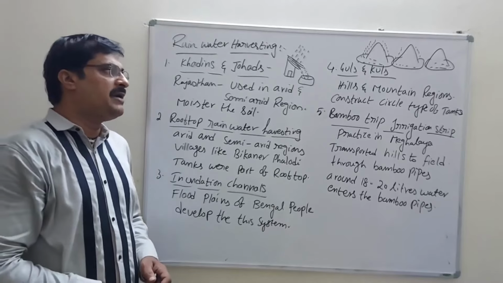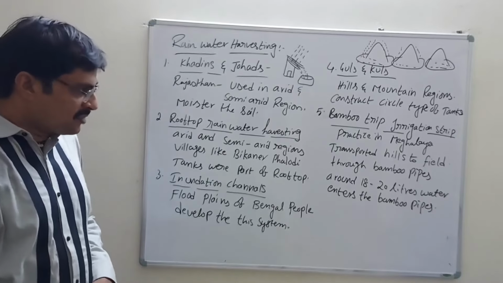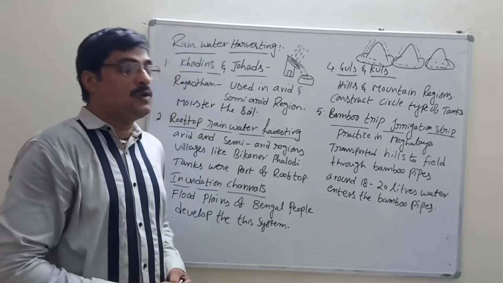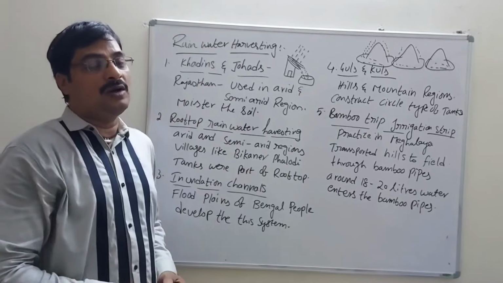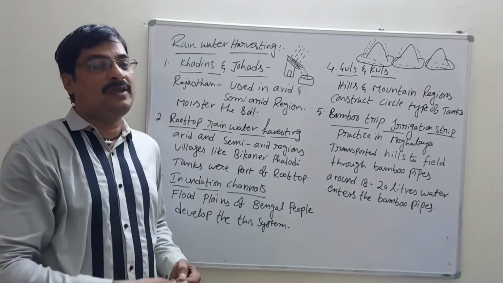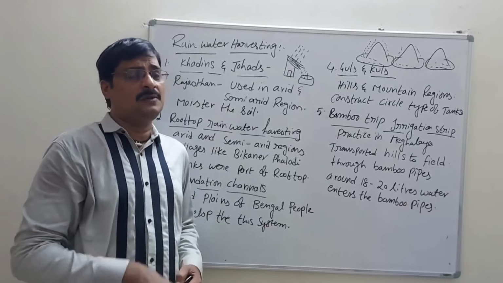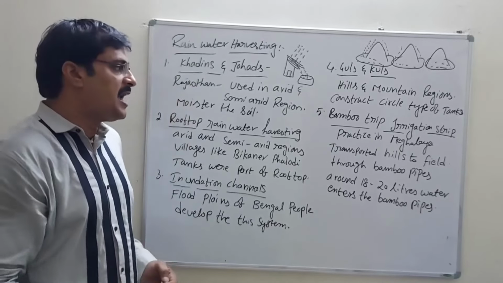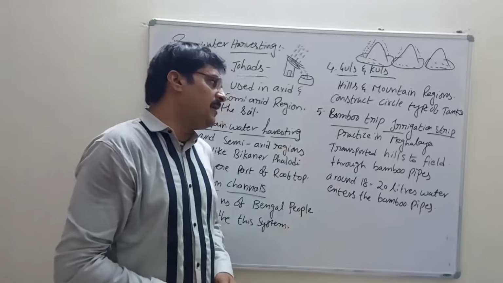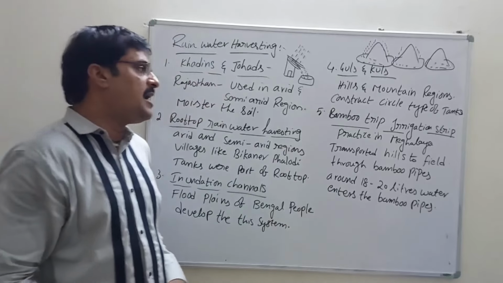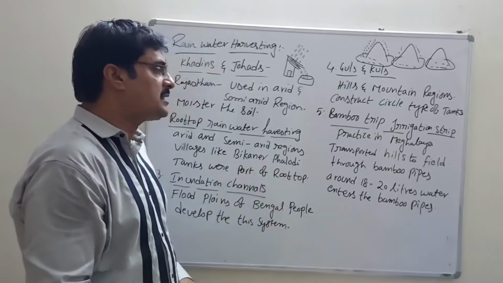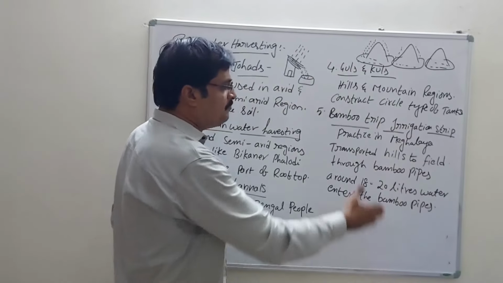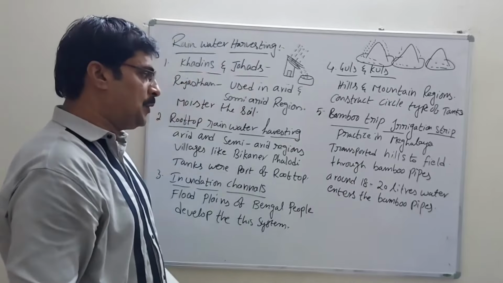Now come to the point of bamboo strip irrigation. What is the meaning of the bamboo sticks? They use bamboo sticks where the flow of water is greater, where more rainwater flows. In such areas they arrange bamboo sticks, and this system is practiced in Meghalaya, where water is transferred from hill areas directly to the agricultural field through bamboo pipes only.